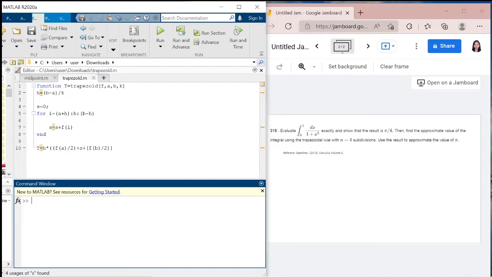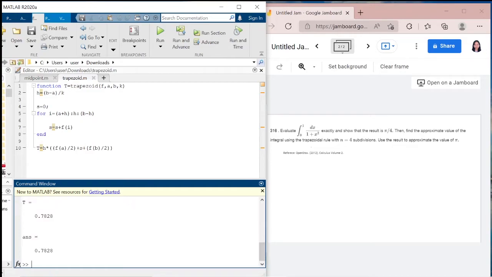First, let's input the function trapezoid. Then the function to be integrated. Then the interval boundaries, and k is equal to 4 or the n.